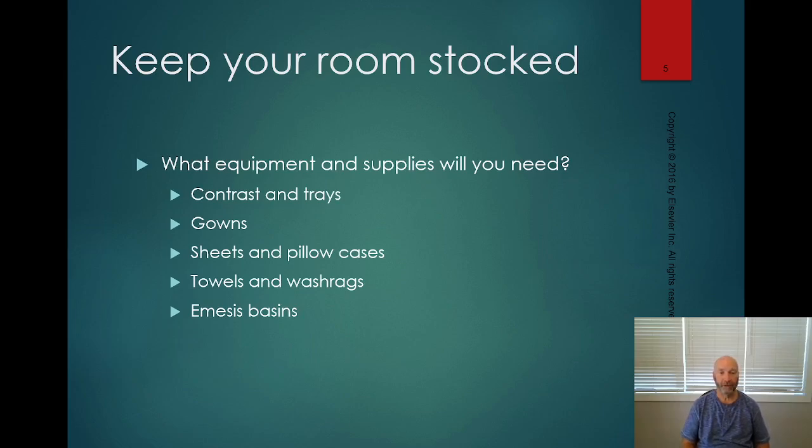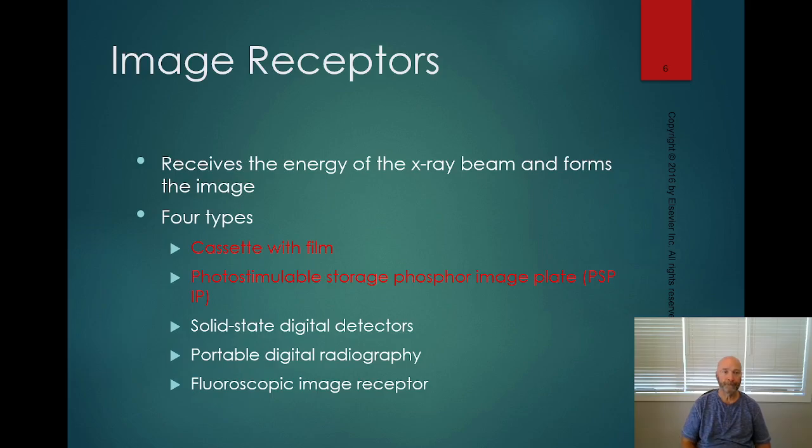If you're in a fluoroscopy room, make sure that you've got contrast in trays. We're going to talk about gowns, sheets, pillowcases, towels, wash rags, and emesis basins, so we'll skip through that. Also, if you happen to be working in a facility that has a CR system instead of a DR system, you may have some differences in image receptors and image receptor sizes.